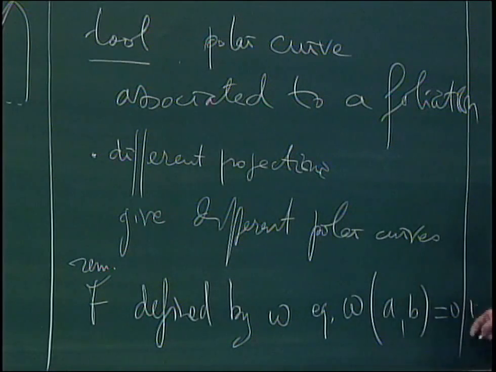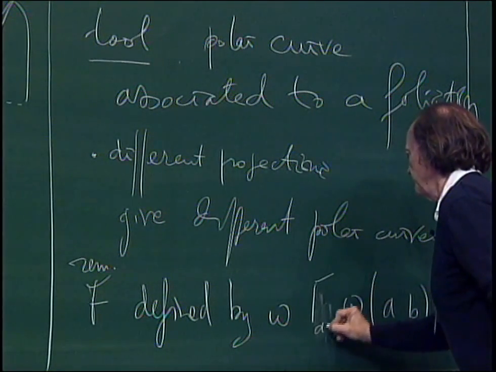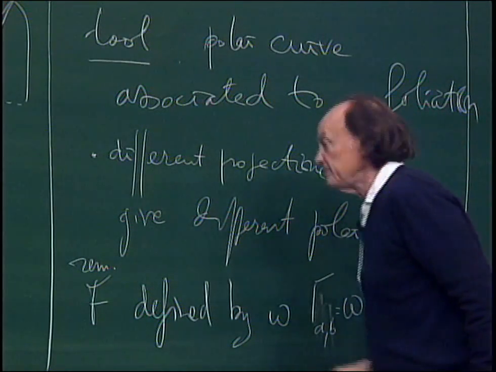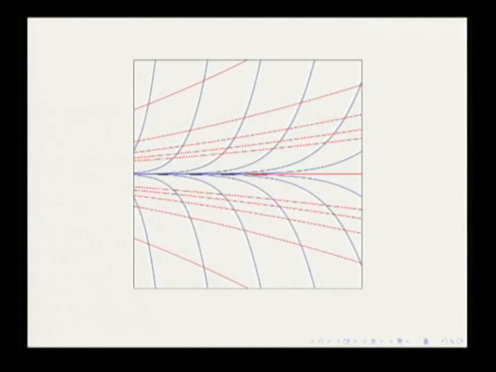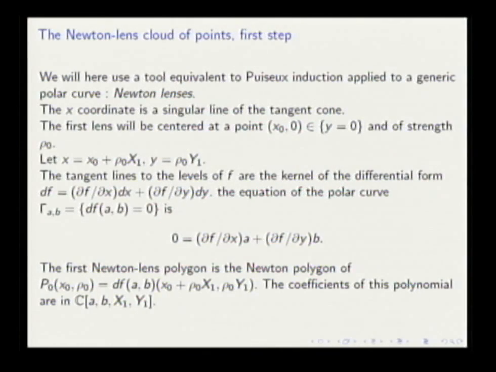And to give a notation, I will call this curve gamma AB. So that's another example of this zooming procedure and giving some limit shape, which we will see more precisely later.